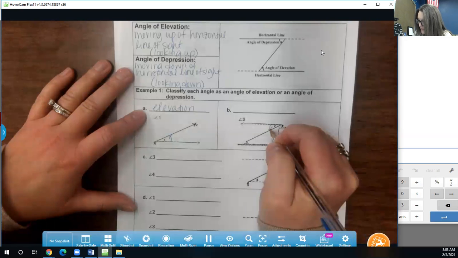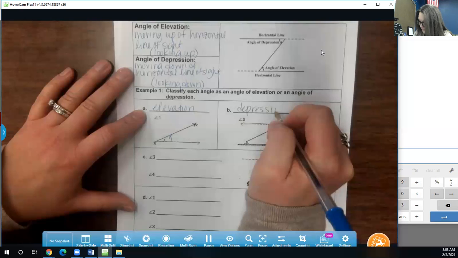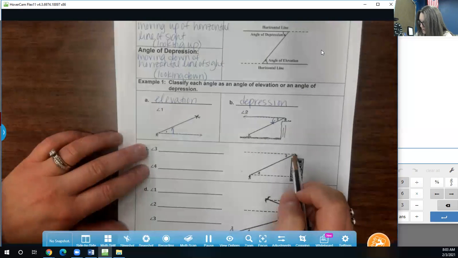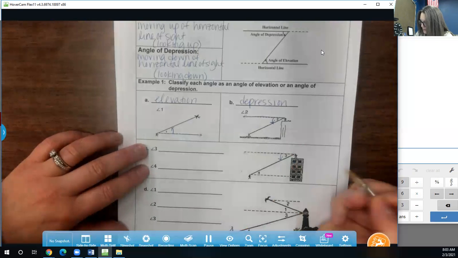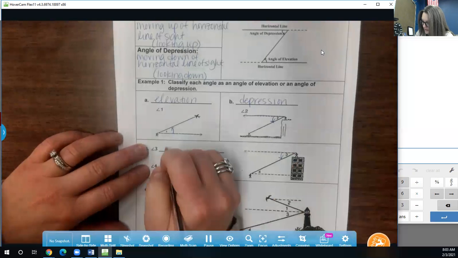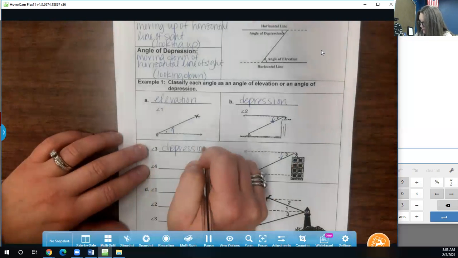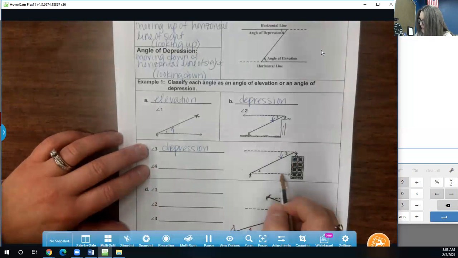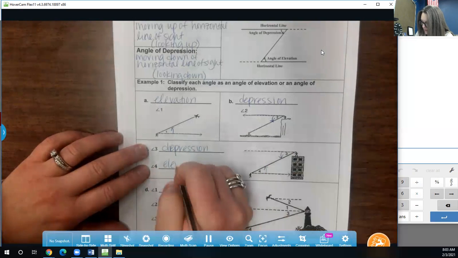So if he's looking down, it's an angle of depression. All right, so let's try this. Angle 3, here's his horizontal line of sight, and he's looking down. So that's going to be depression. And then for this guy on the ground, there's his horizontal line of sight, right? So he's looking up, so he's having an angle of elevation.